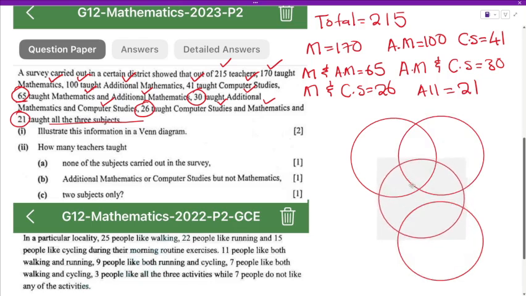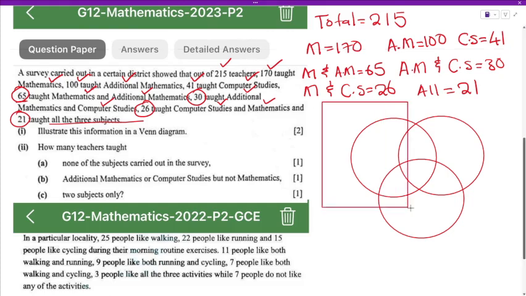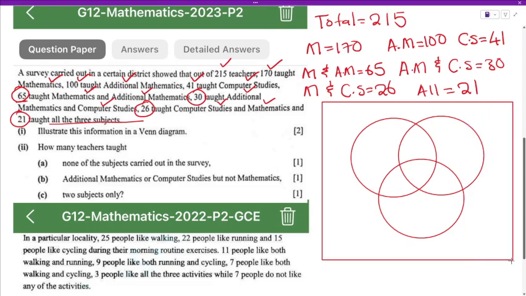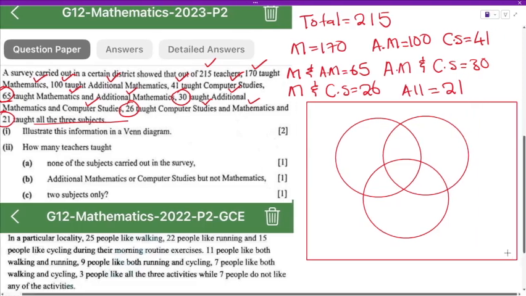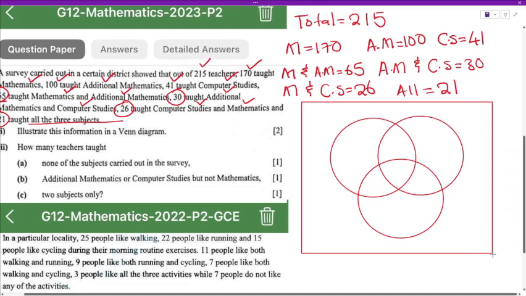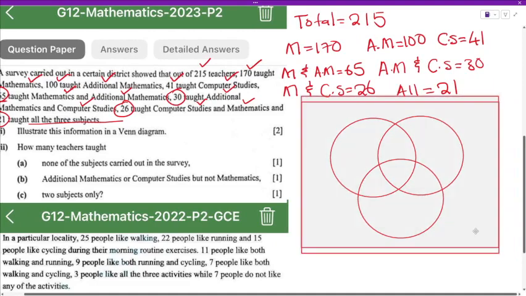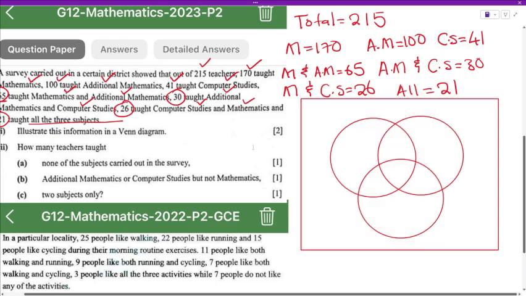And why have I done this? Because there's a section where it says all three subjects. That's why all the sets are overlapping. There's a common intersection. Then I can draw my rectangle there. Okay, two to the right, that is okay. Then I can move it a bit upwards somewhere here.